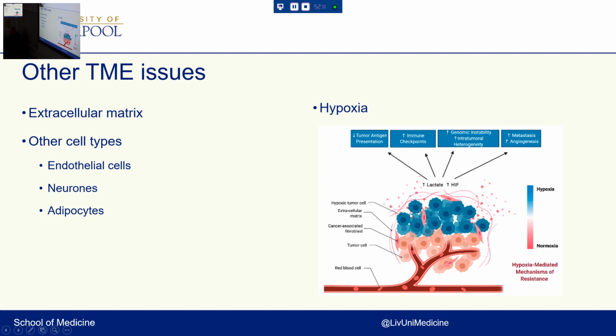And hypoxia itself, as the tumours grow and expand and their oxygen tension reduces, that switches on a whole number of different features which reduce tumour antigen presentation, increase the function of immune checkpoints, genomic instability increases, and we get a switch on of a whole manner of signalling pathways which are generally going to make the cancer progress. And so again, we're looking at being able to modulate hypoxia in tumours. There are a number of trials ongoing with that at the moment.